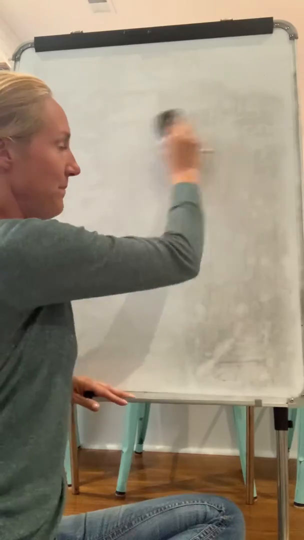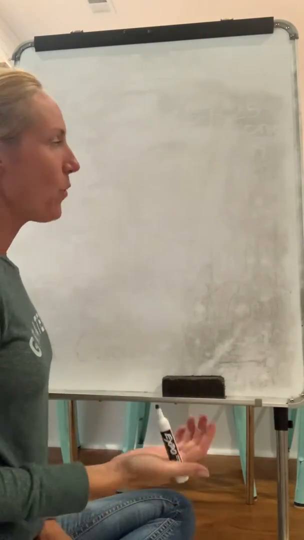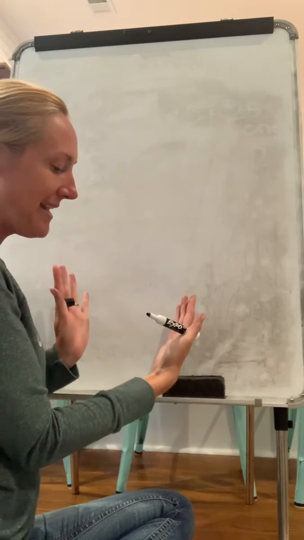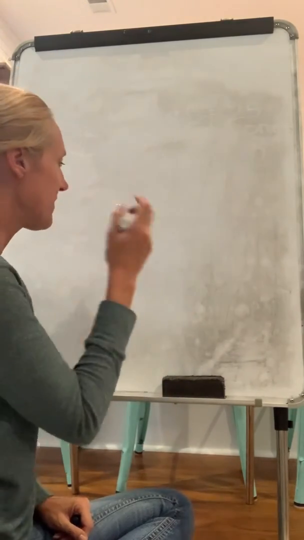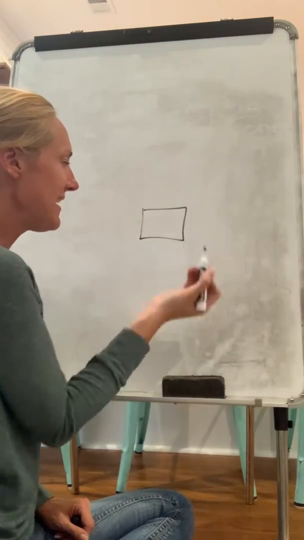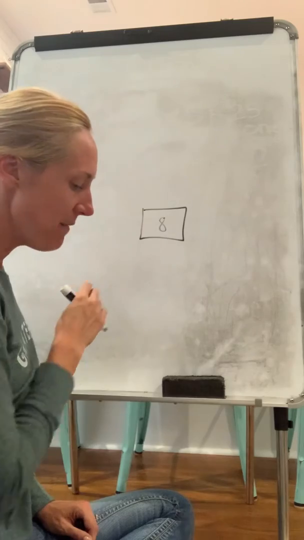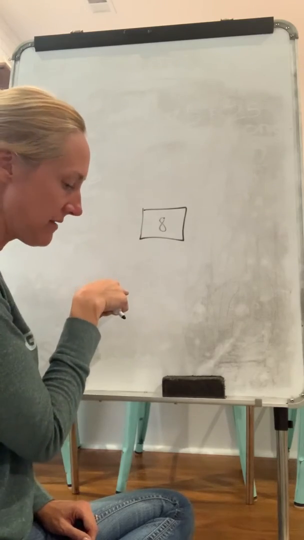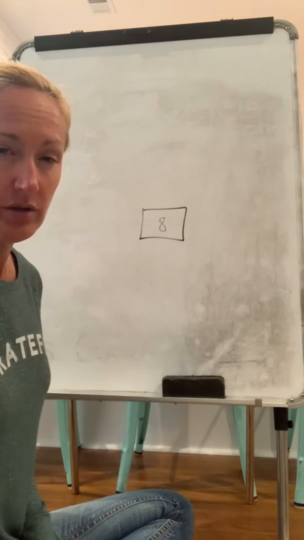Okay, we're warming up. How about we have a box and it can hold 8 crayons. All right, so I just heard that there's a box, and it can hold 8 crayons. How many crayons can 5 of these boxes hold?